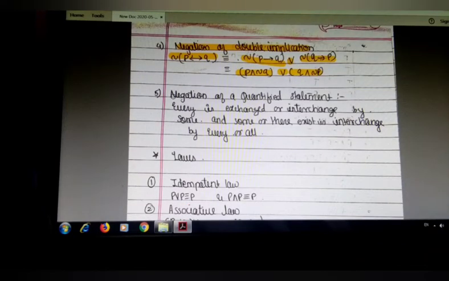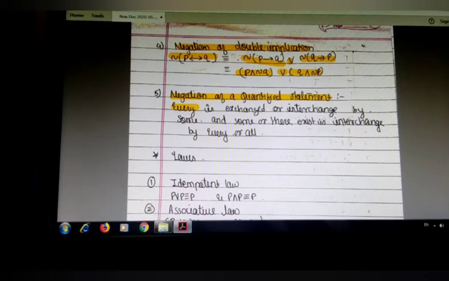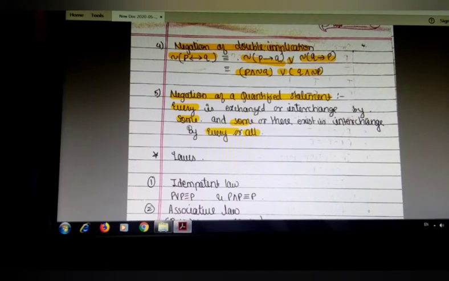Next, negation of quantified statement. Earlier we have learned universal and existential. So here every is exchanged by some, and some is exchanged by every or all. For example, understand that all girls are topper.